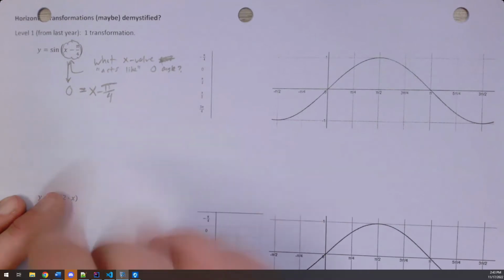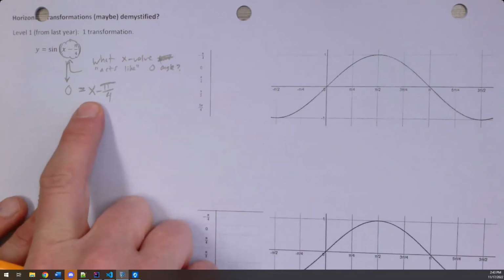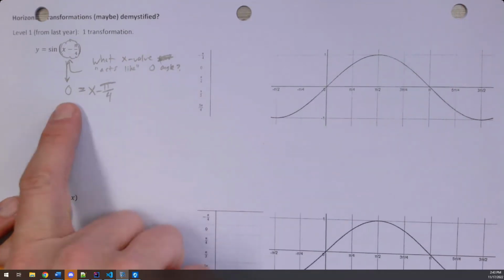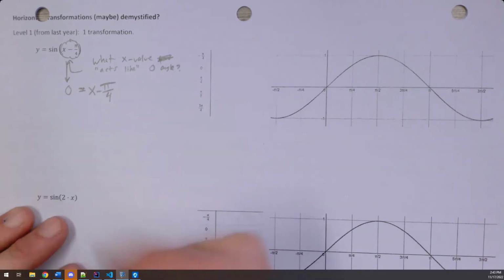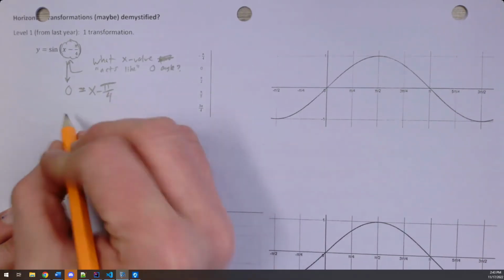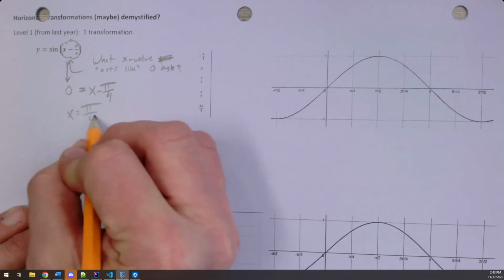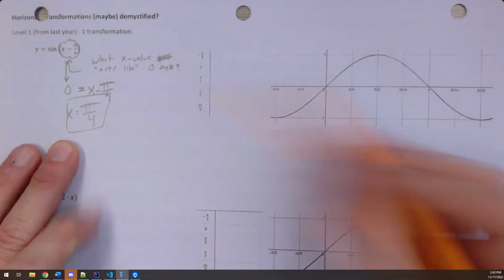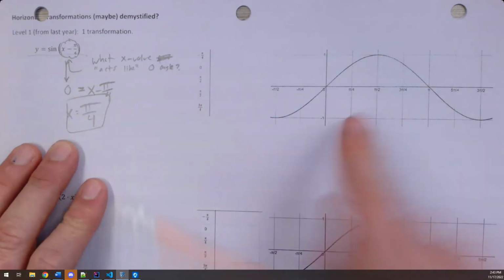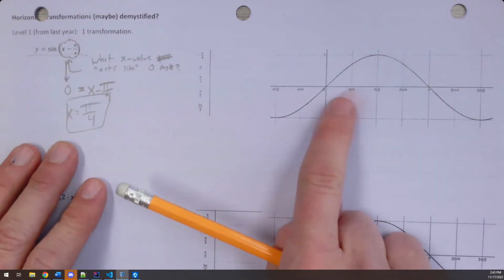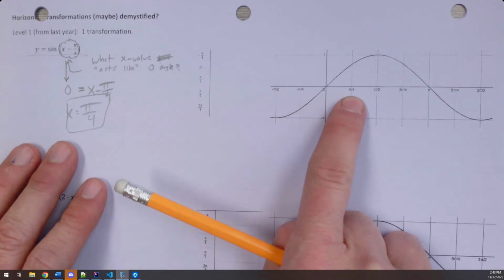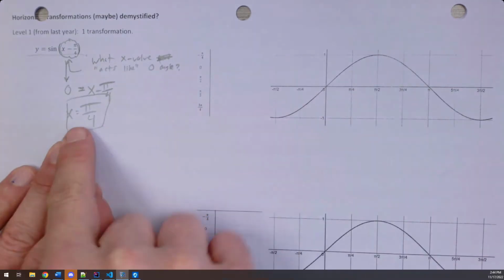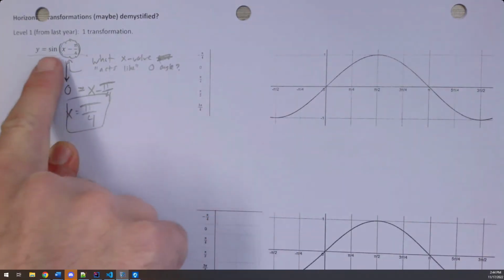So it's like, I want to know what input angle is going to go through this process and act like it's 0. So I could just add pi over 4 to both sides. And what that's telling me is that for my shifted graph, if I'm asking myself what's the y value at pi over 4, if I plug in pi over 4, I'm going to end up with sine 0.